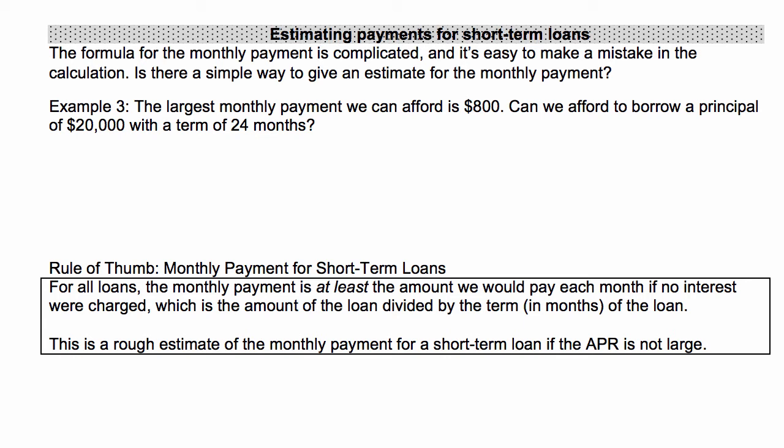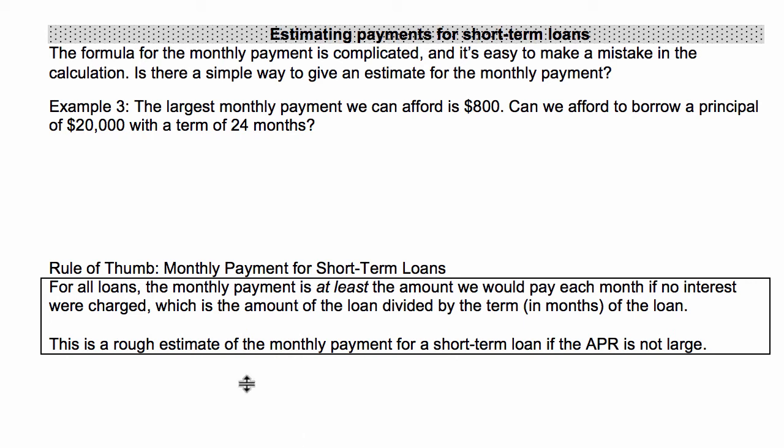The idea is, if we cannot afford paying off the principal with no interest, we certainly cannot afford paying off the principal plus interest. Since we are assuming that we do not need to pay any interest, we can calculate the monthly payment by dividing the principal equally among the number of payments, that is the term of the loan.